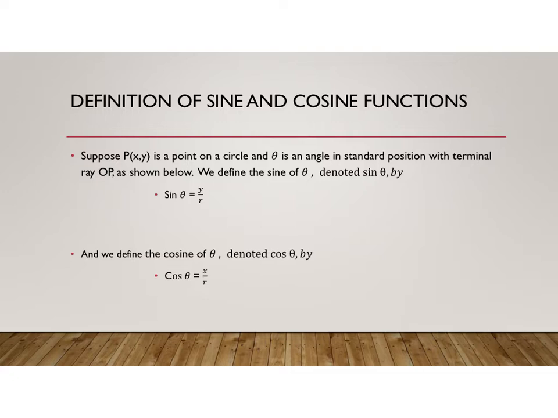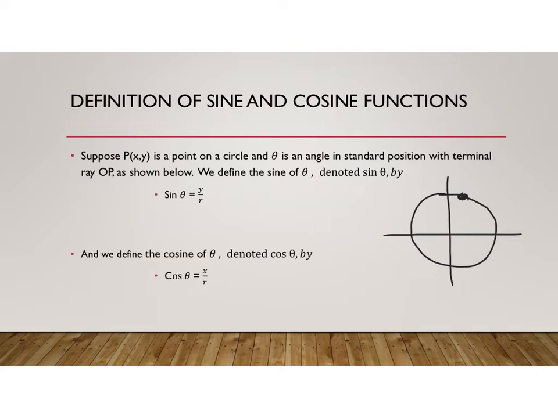So first of all, a definition of the sine and cosine function. It says suppose P of x, y is a point on a circle. So if this is an xy coordinate system and we have a circle, and we talk about a point that's on that circle, let's say this point right there.